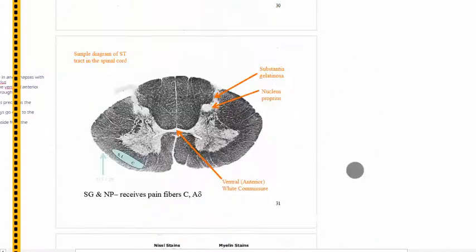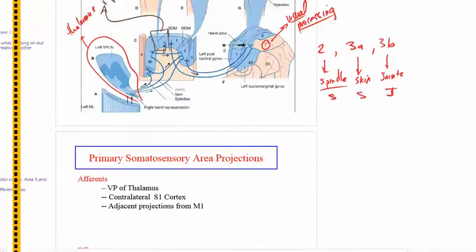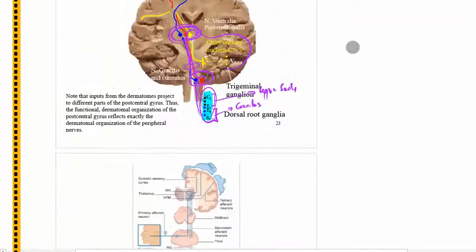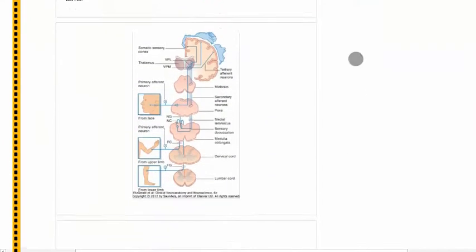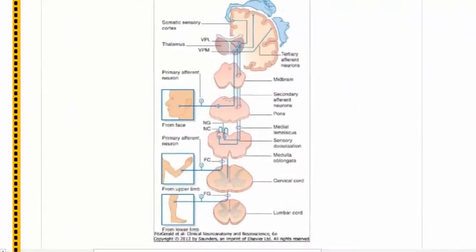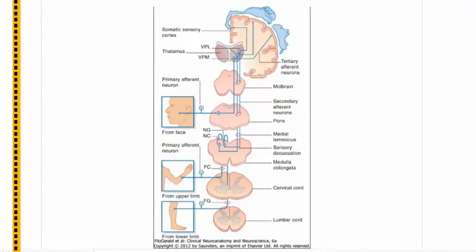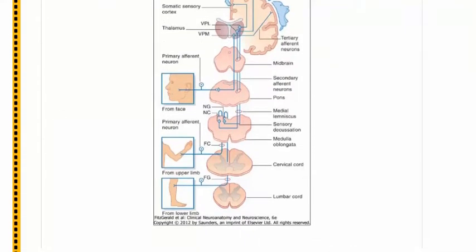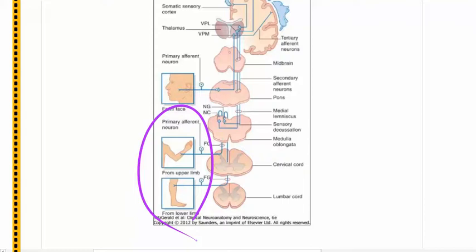Okay, so let's start off with the dorsal column. So this is the dorsal column, right? This is the body, and this is the face.